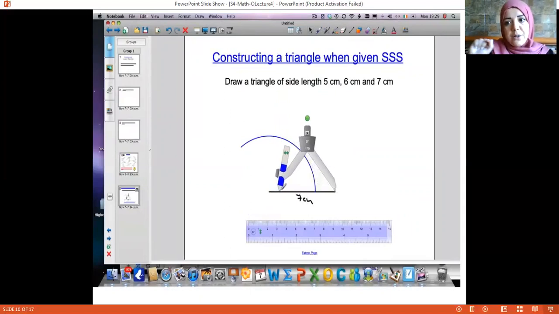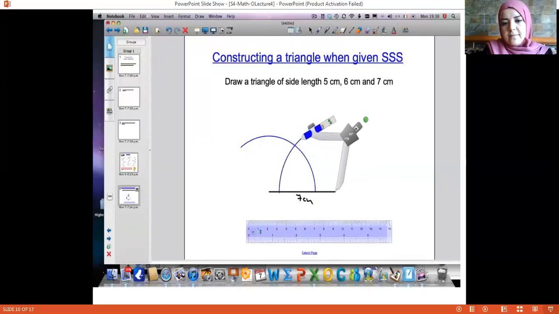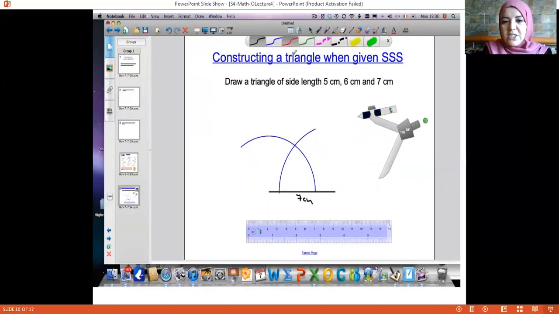Now put it on the other end and draw another arc. Very good. Now, the point of intersection of those two arcs is the third vertex.